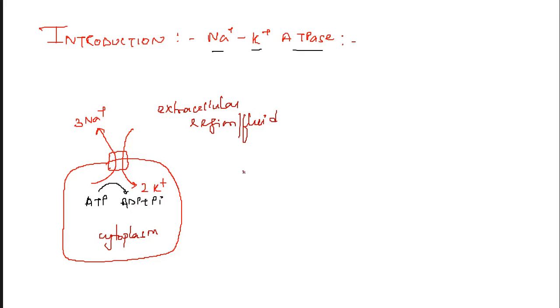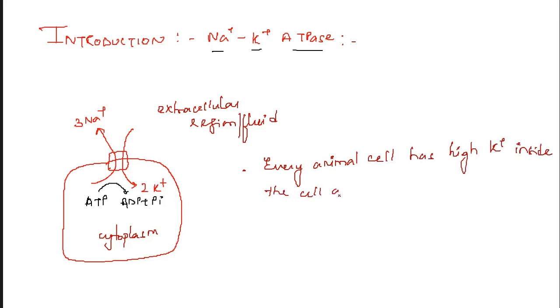As a result, every animal cell has high potassium inside the cell and high sodium outside the cell.